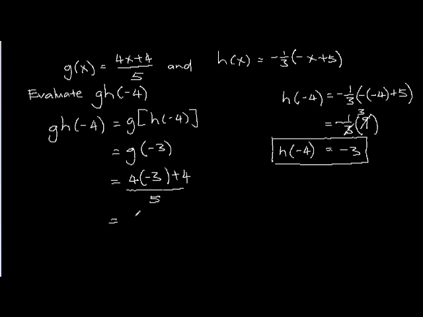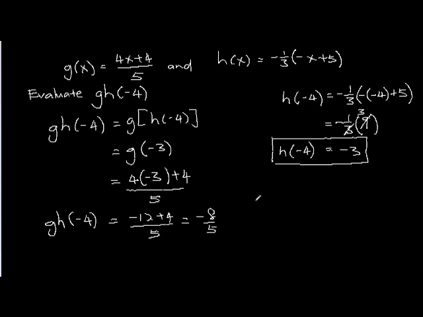So we have (negative 12 plus 4) over 5, and thus it is equal to negative 8 over 5. So evaluating the composite function g(h(negative 4)) will give us negative 8 over 5.